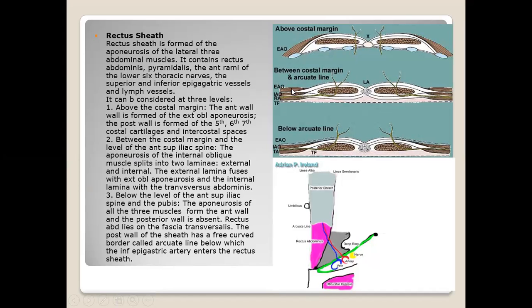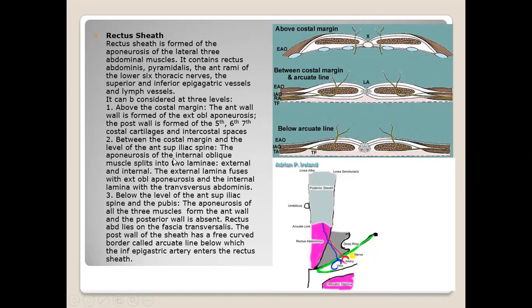If you see here, there are three muscles: external oblique, internal oblique, and transversus abdominis. The internal oblique will come near the lateral part of the rectus abdominis, and it divides into two layers. One layer will go in front, anteriorly, and one will go posterior to the rectus abdominis muscle.